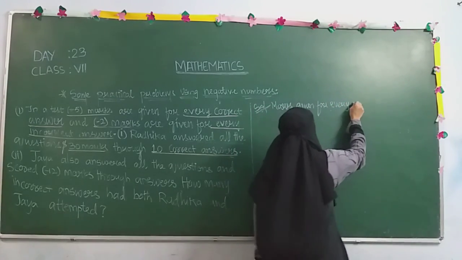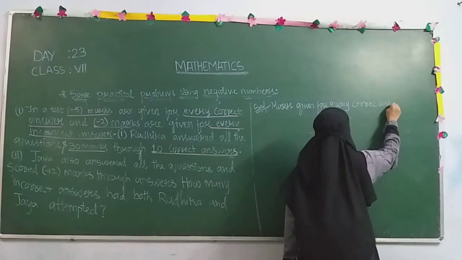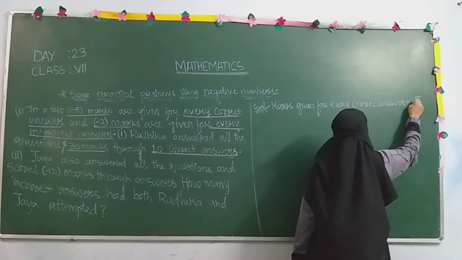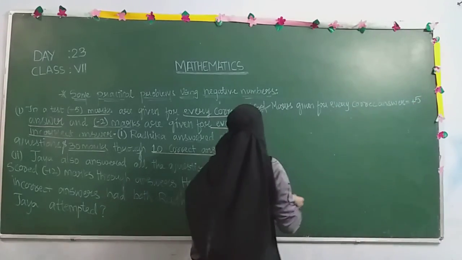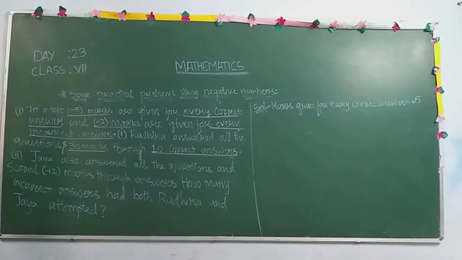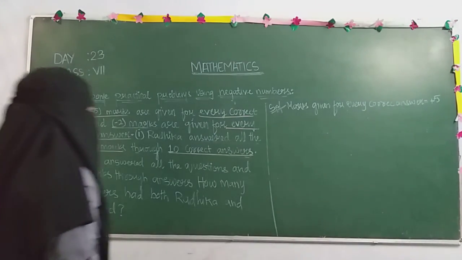Marks given for every correct answer. How many marks given? Plus 5. Then how many marks will she get for the 10 correct answers? Yes, exactly. As for one question it is 5 marks, the marks given for 10 correct answers will be 50.